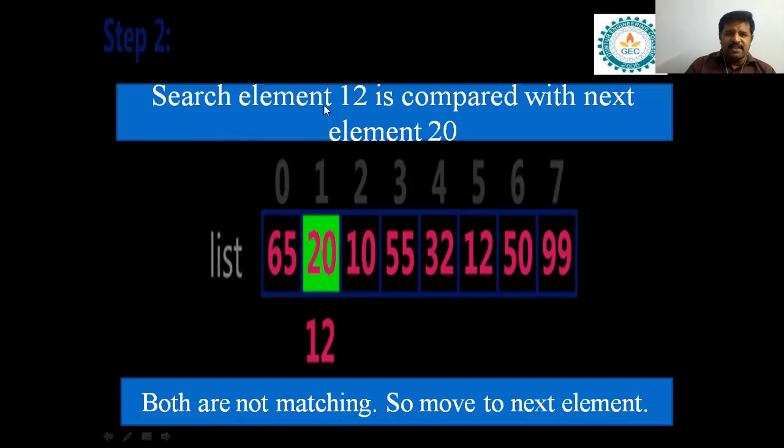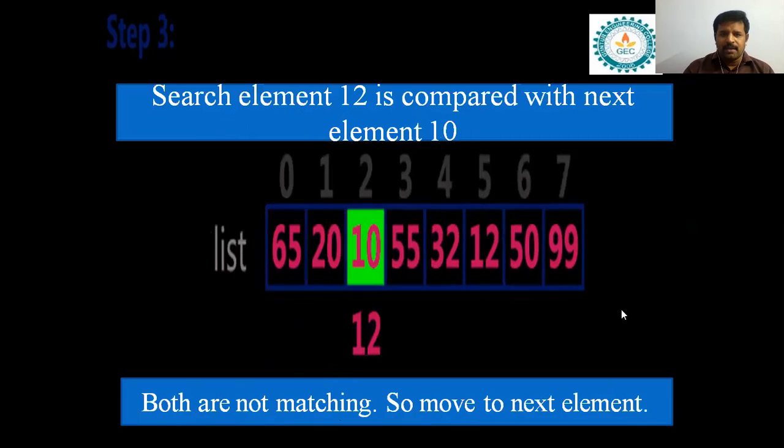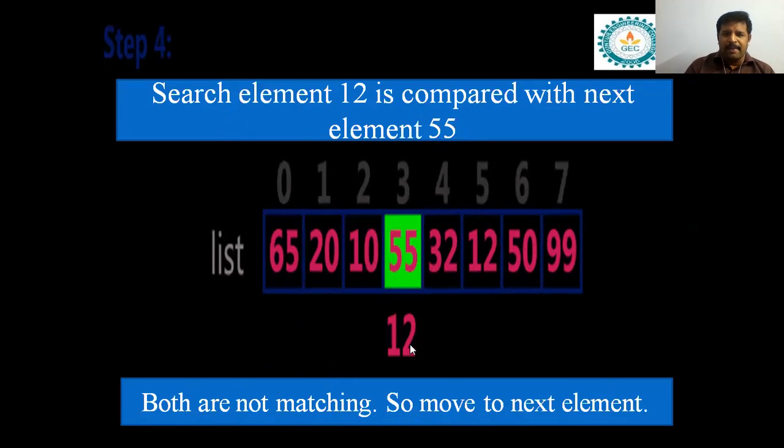Now the search element is compared with the next element 20. Both are not matched. So move on to the next element. Now the search element 12 is compared with 10. Both are not matching. Move to the next element. Compare the search element 12 with 55.